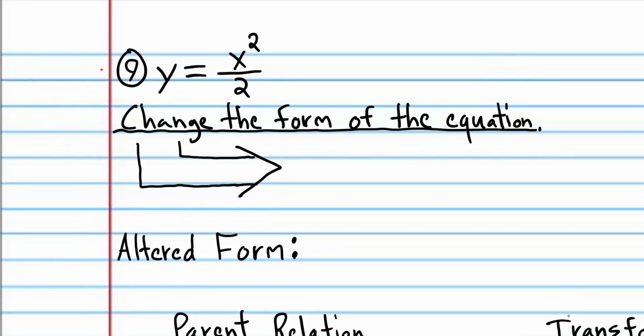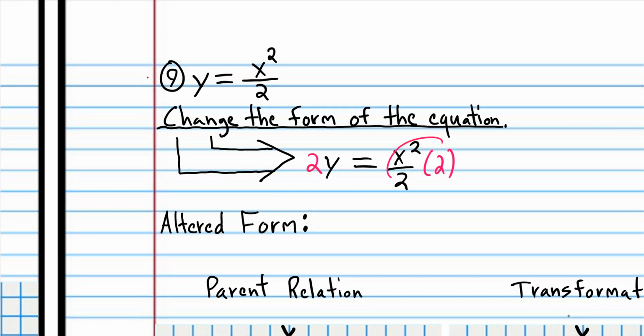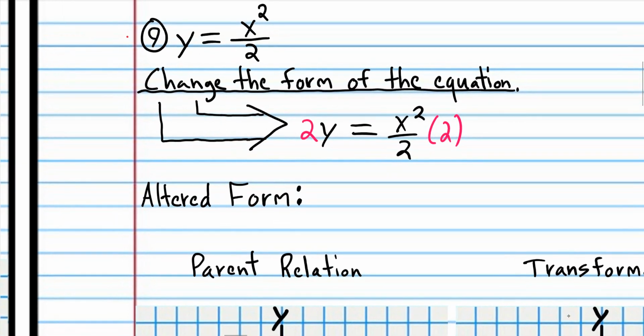Again, with math, it's these little details that tend to make things difficult. So what we're going to do is rewrite the equation. We're going to multiply both sides of the equation by 2. Now you can use a dot for multiplication, you can use parentheses. Over here we don't really need either. We can just write a 2 next to the y.